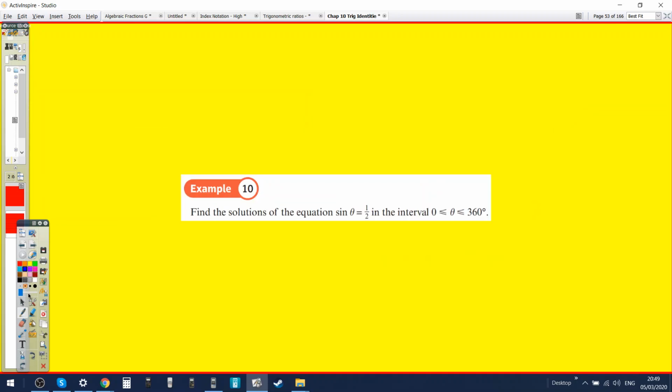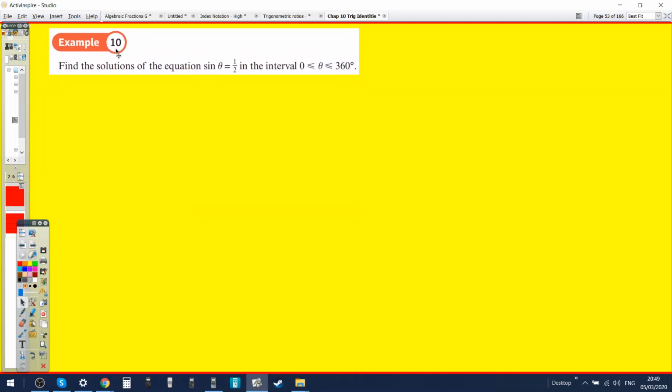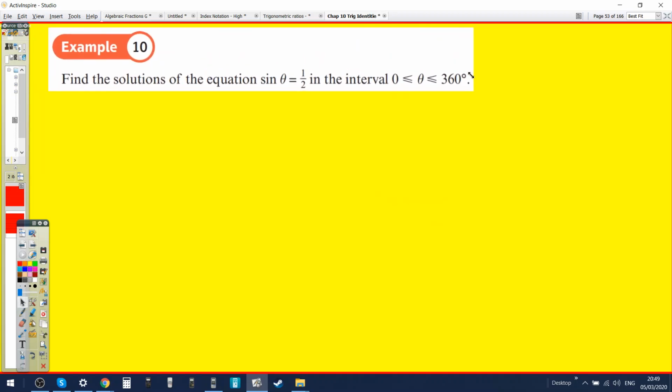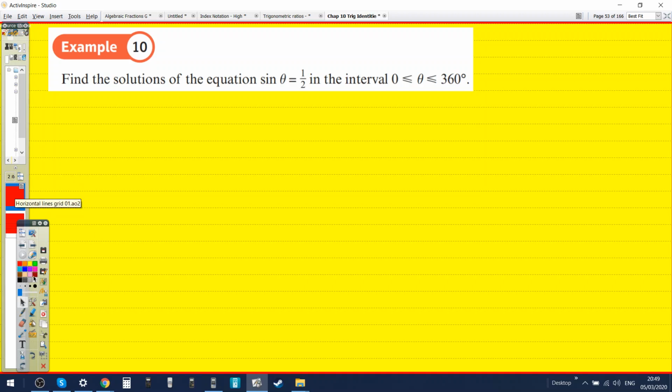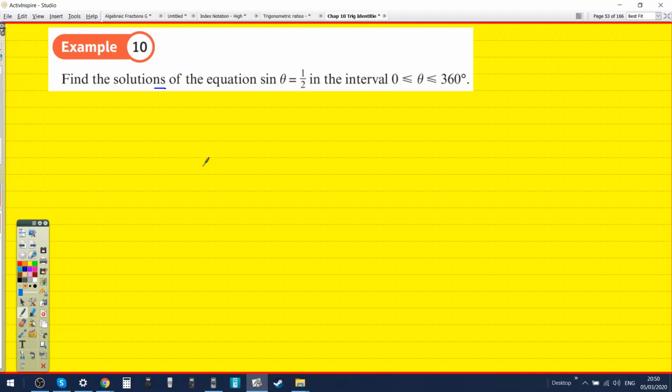So trig equations you have to be able to do. How do you solve this in the interval, finding all solutions? What I do is draw a graph of sine, go to a half and draw a line straight through. So there are two values.